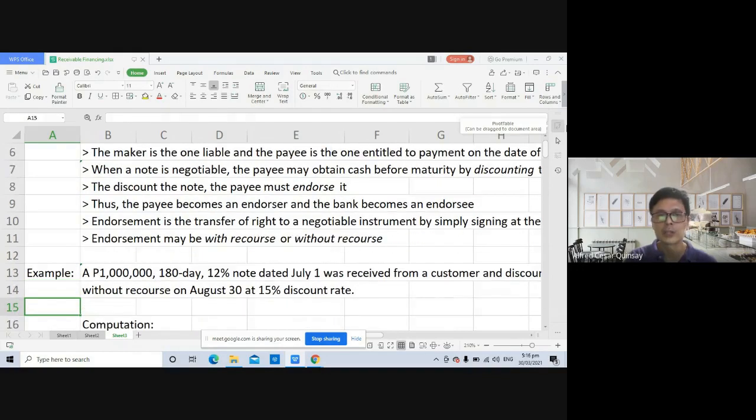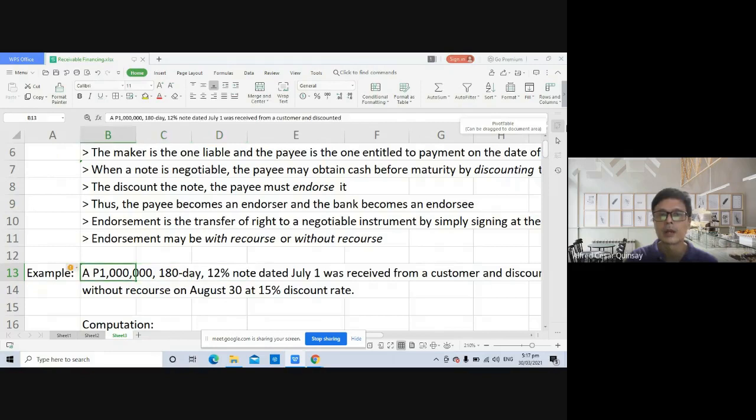A 1 million peso 180 day 12% note dated July 1 was received from a customer and discounted without recourse on August 30 at 15% discount rate. So ito makikita natin dito, itong 180 day note na worth 1 million na note receivable. Okay, na-receive nung payee.